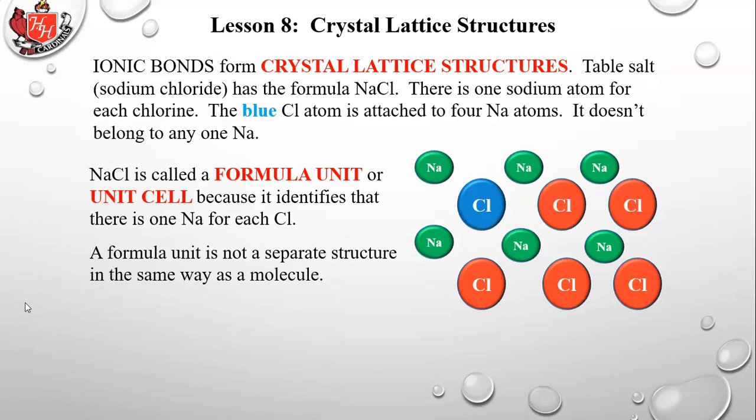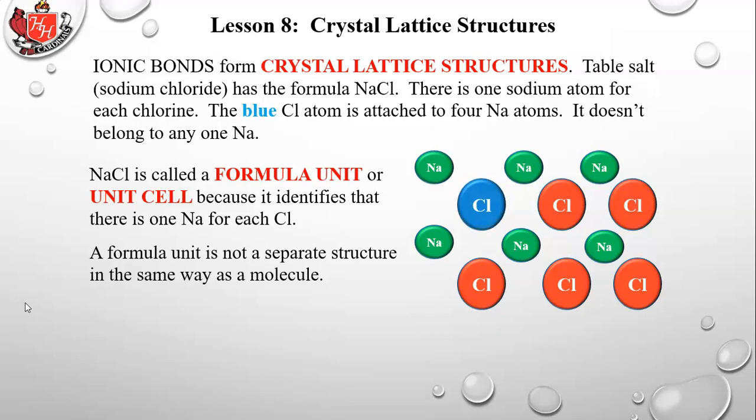If you look at this structure, it's more like bricks in a wall, or I like to say like apartments in an apartment building. They're stuck together. So while there is one Na for every Cl, and so the formula unit is NaCl, they're not free to move about. One Na and one Cl are not free to move about the way a water molecule is.